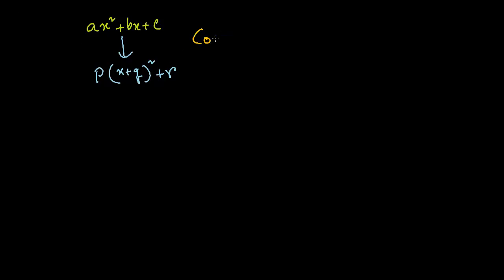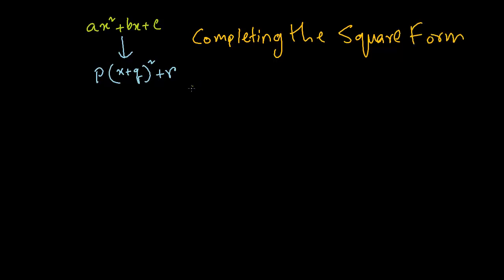So we call it completing the square form. Now it starts from the expression of a plus b whole squared. When we write a plus b whole squared and break it down, we get a squared plus twice ab plus b squared.